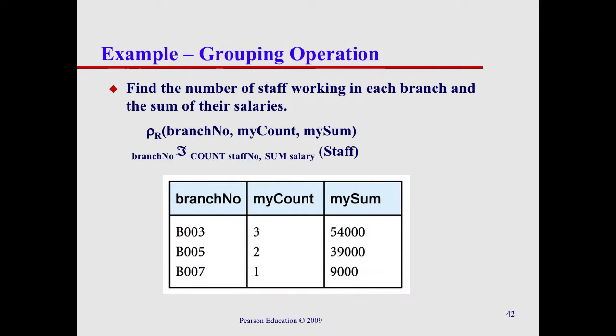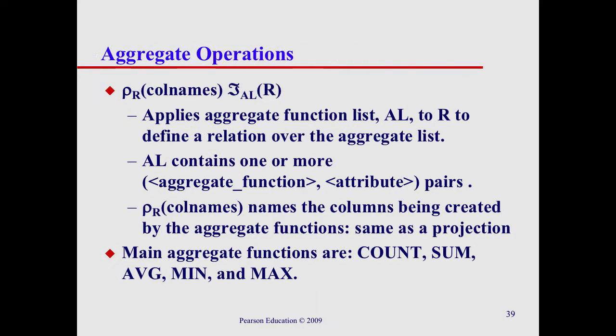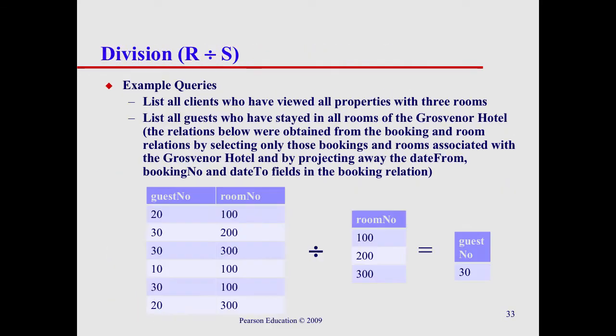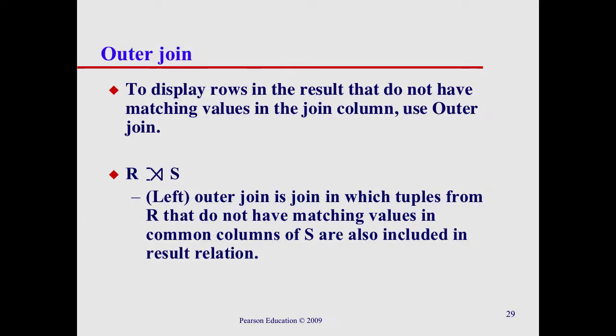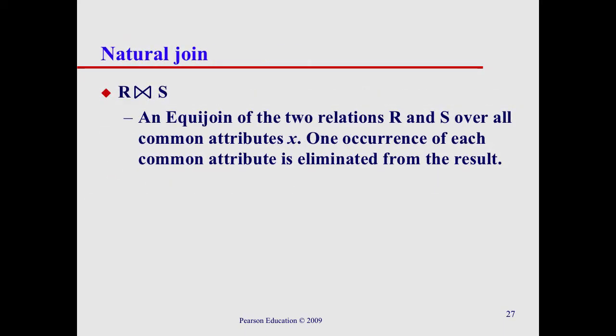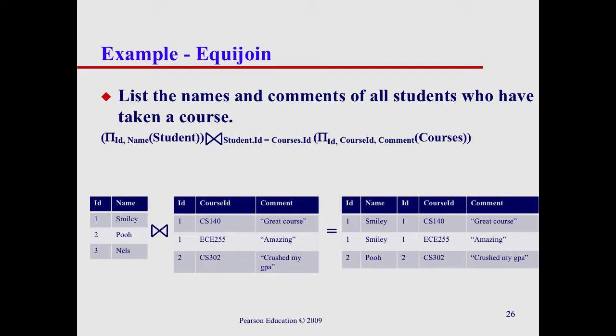Okay, so let's just back up for a moment, and I'm going to go all the way back to the joins. There we go. So here's an equijoin in the relational algebra. And the reason it's called a procedural language is because it's specifically saying the order of operations.